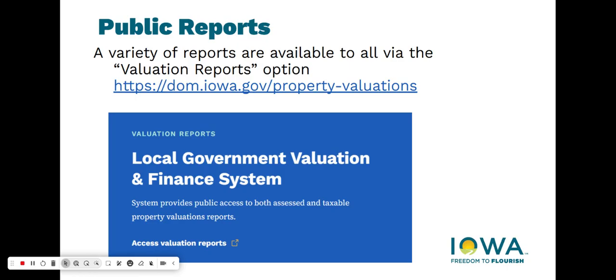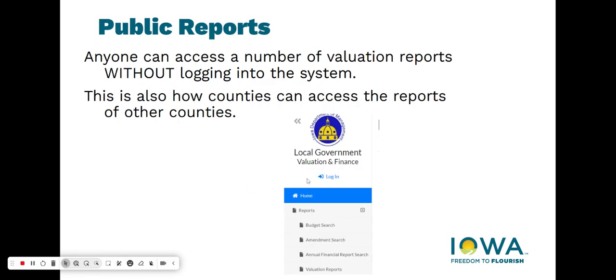As I mentioned, there are a variety of public reports. Folks can go directly to the property valuations segment of our website, click on the valuation system, and then look at public reports. They don't need to log in. There's a variety of reports that they can pull up for valuation.